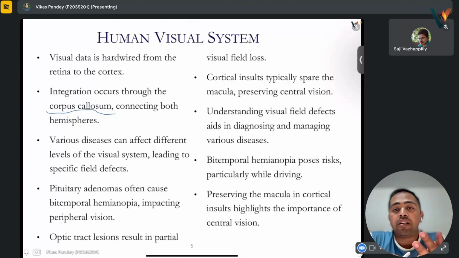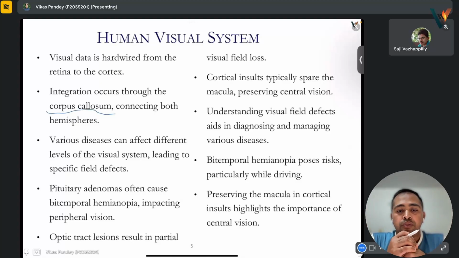Cortical lesions typically spare the macula, preserving the central vision. Understanding visual field defects will help us in diagnosing and managing various diseases. Bitemporal hemianopia is a quite serious risk, especially when driving, because the temporal field or the depth is gone.